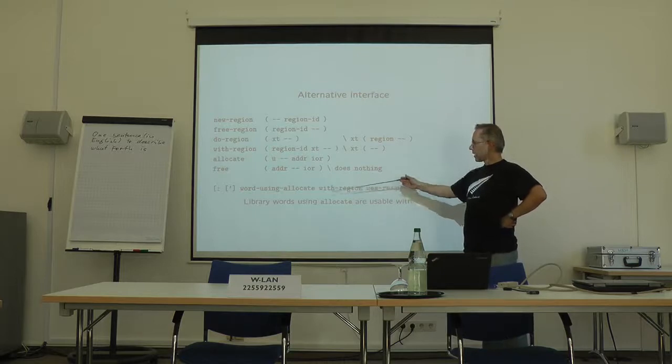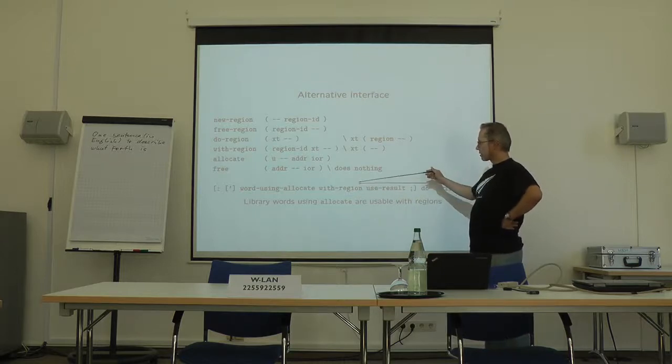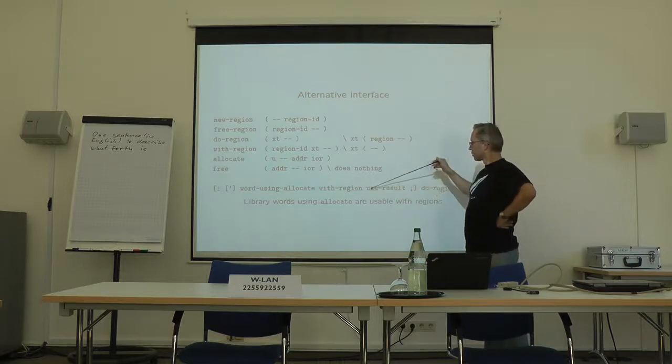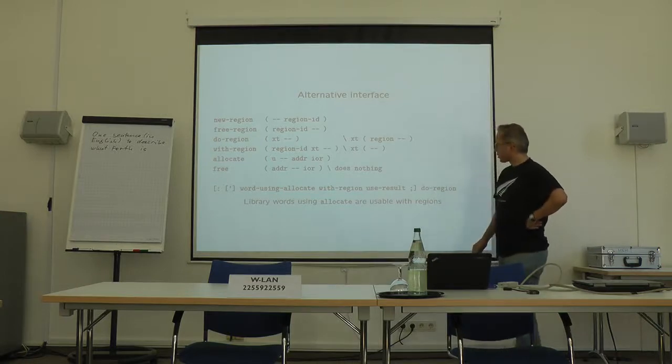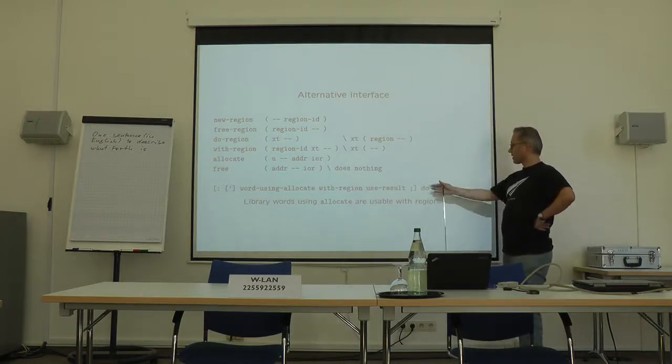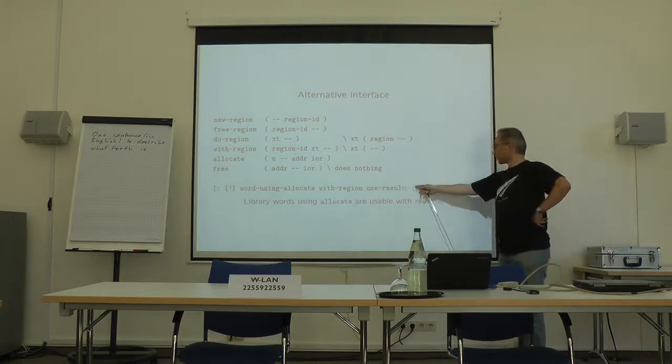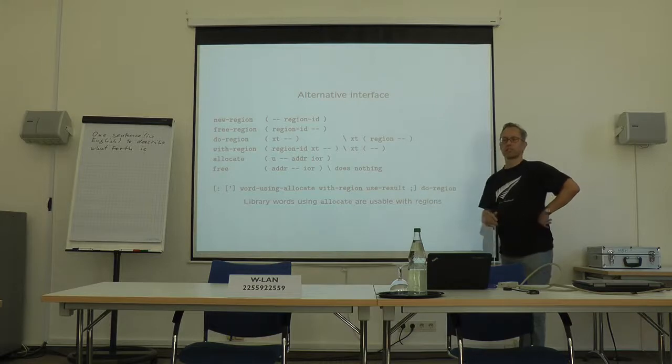When we are done with that, we pass the result of this word to use-result. And now that we no longer need the result and the memory that result occupies, we can free all this stuff. So we get to the end of this and do-region frees the memory.